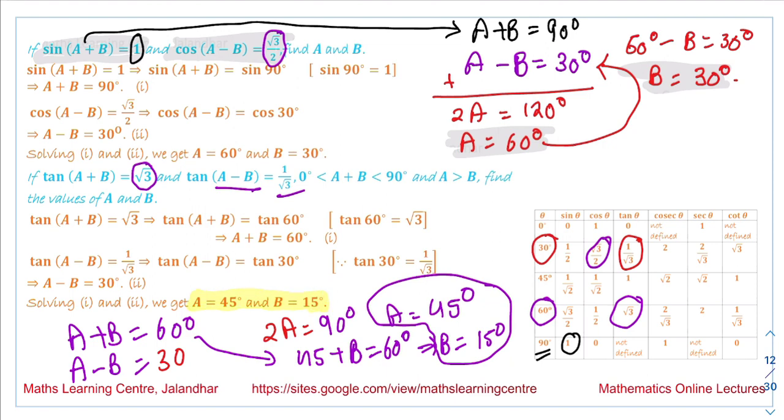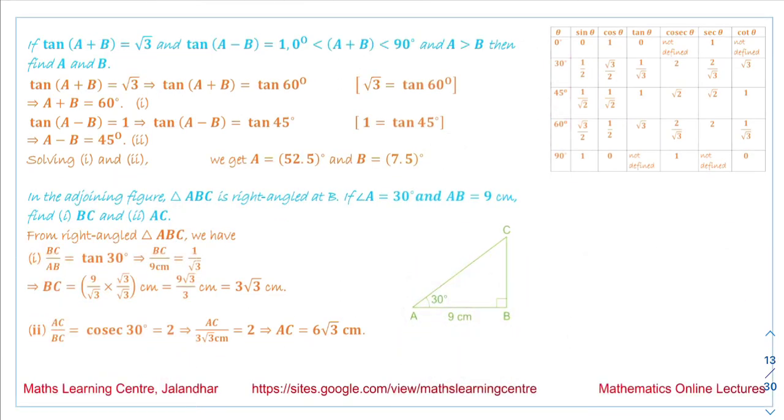Next is, if tan(A + B) is root 3 and tan(A − B) is 1. We require tan(A + B) to be square root 3, which means the angle 60 degrees.